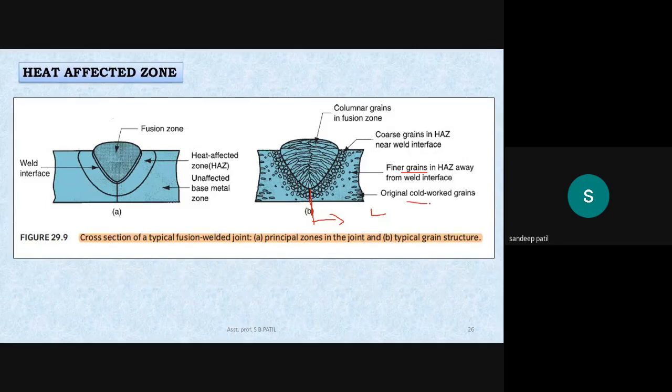Original cold worked grains show no effect of the heat. But here, if the temperature range is between say 500 to 800, for example for stainless steels, then coarse grains are observed in that heat affected zone, due to which there are chances of alterations of the properties.